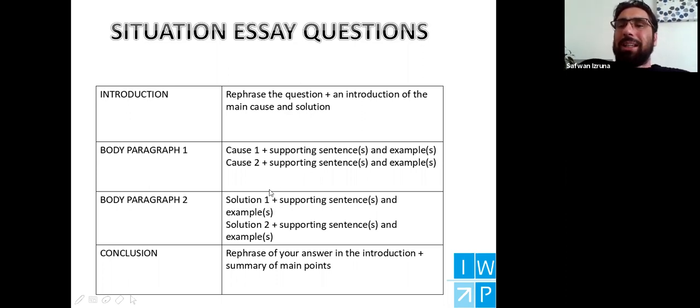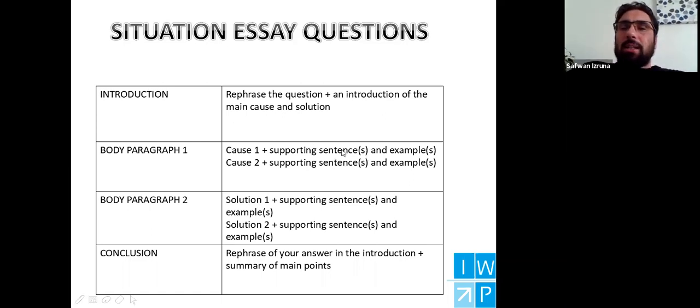So this might become a little bit too repetitive. Okay, so some people will rephrase the question by stating what the problem is, and then in the introduction they just state, in this essay I'm going to take a look at some of the possible causes for this and some of the solutions. And then in the first body paragraph, they could present the causes. And in the second body paragraph, they could present the solutions. Okay. This is one way.